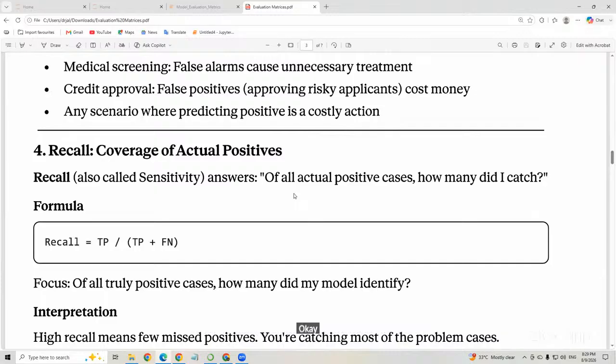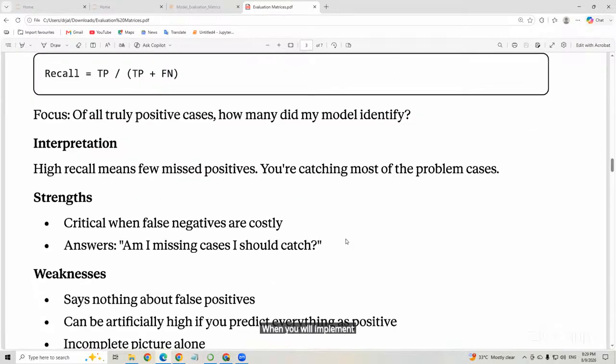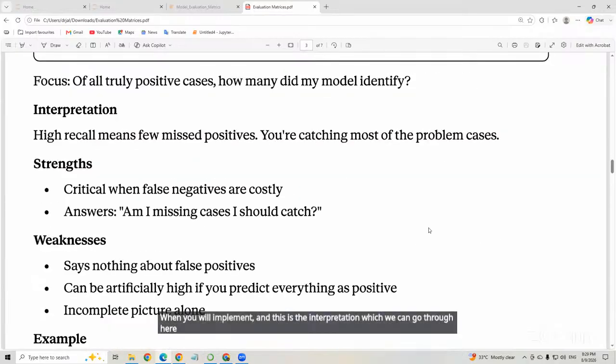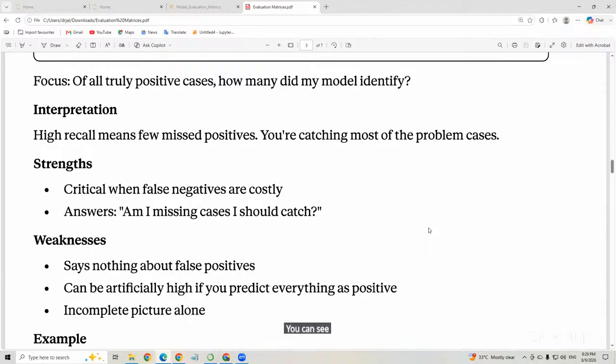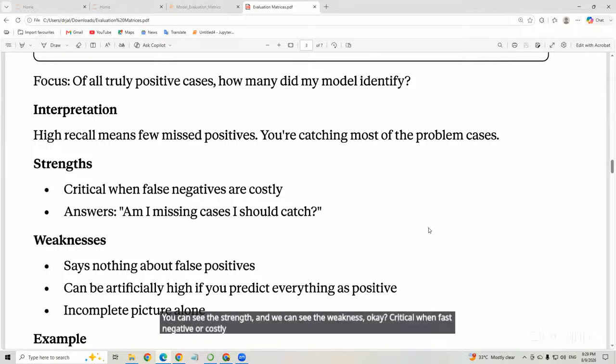When you implement it, this is the interpretation we can go through here. High recall means few missed positives, and we are catching most of the positive cases. You can see the strength and the weakness. It is critical when false negatives are costly, and I am missing cases I should catch.